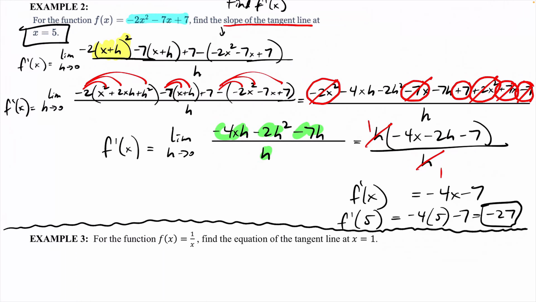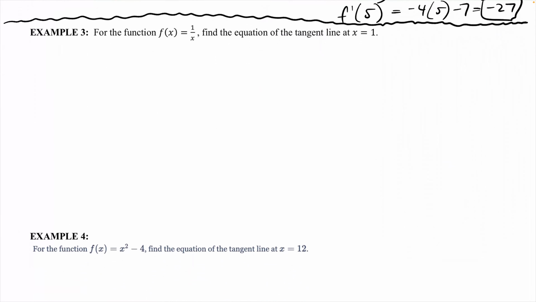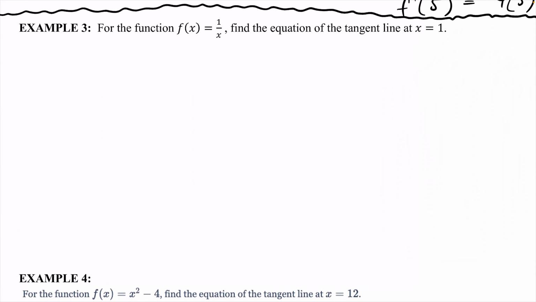All right, so let's do the third one. It's exactly the same question, just a different function. Question's the same, function's different. Okay, so let's look at number 3. So again, now they want us to find the equation of the tangent line, right?